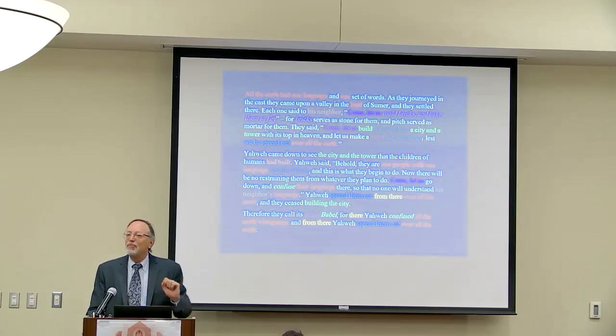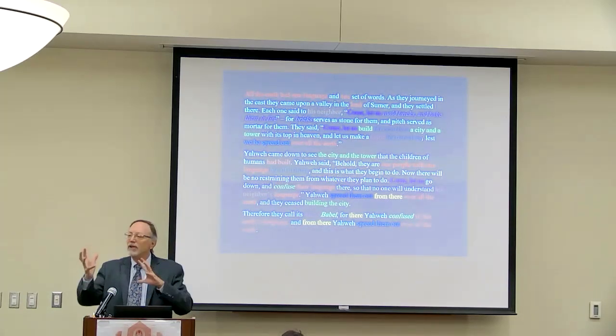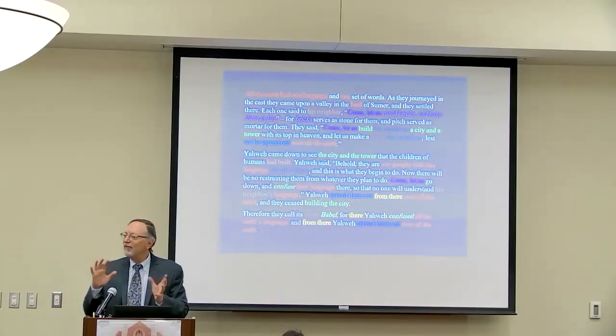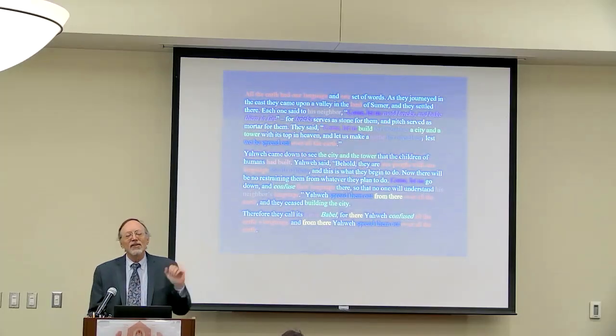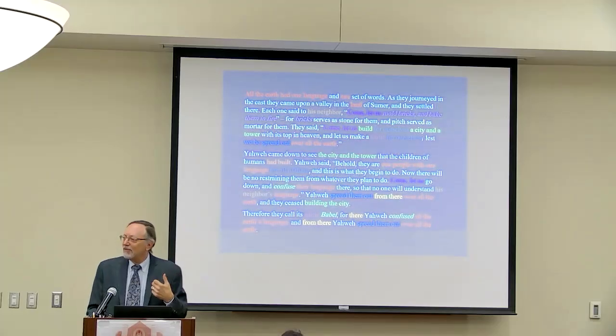I decided to put some of the internal echoes and repetitions in different colors in this slide because I could, because you can use color in real life. But I ran out of colors.